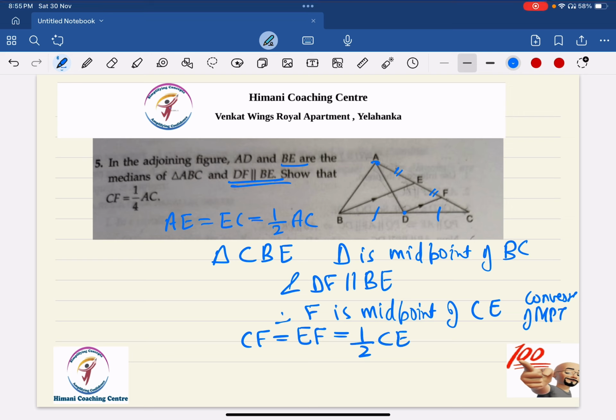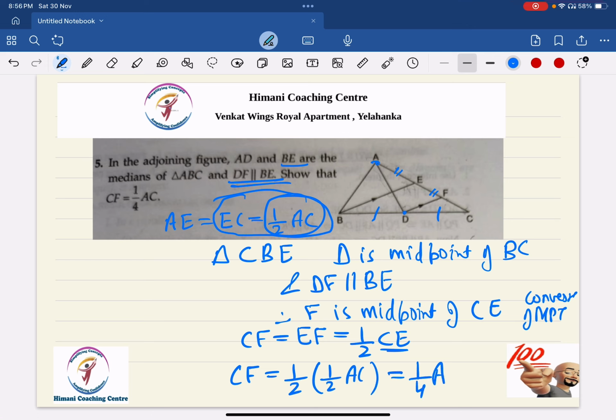Now what is CE equal to? CE is half of AC. So let us replace this CE with half of AC. We will get CF equals half times half of AC. So 1 by 2 into 1 by 2 would be 1 by 4, and hence we get CF equals 1 by 4 AC. Hope the students who are watching the video have understood this.